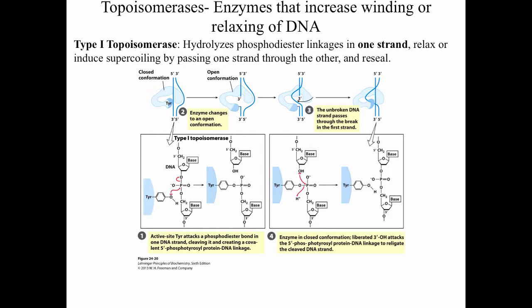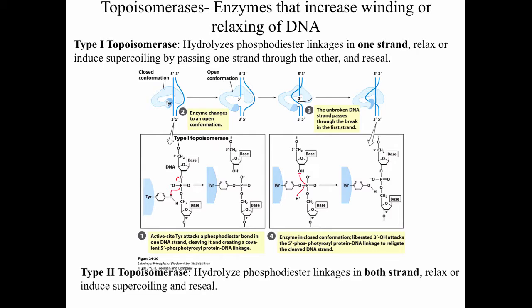Okay, so we left off last week talking about topoisomerases. There's type 1 and type 2 topoisomerases, and they function to hydrolyze phosphodiester bonds of the backbone of DNA. The difference between these two is that type 1 will hydrolyze the bond in one strand, whereas type 2 hydrolyzes the phosphodiester bond in both strands, and then it'll relink those one or two strands together.